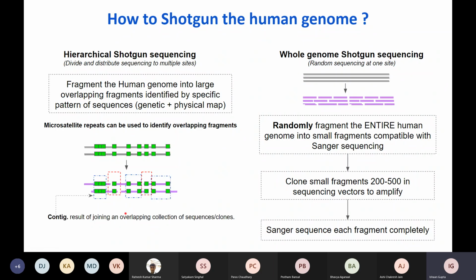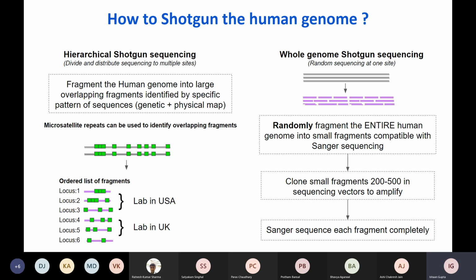So like this, you can overlap these and make what's called a contig of overlapping sequences or clones. Now, once they had such a physical map of the human genome cloned into large artificial chromosomes, they essentially took these and distributed them across labs of the world.